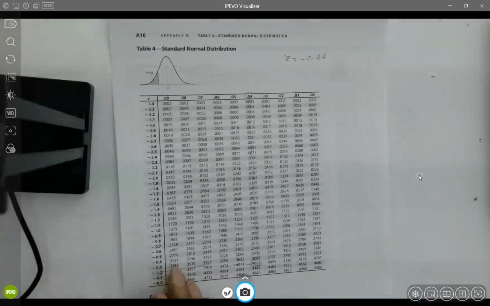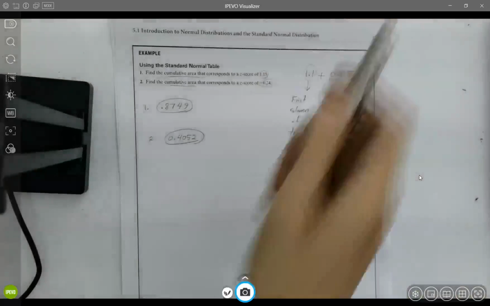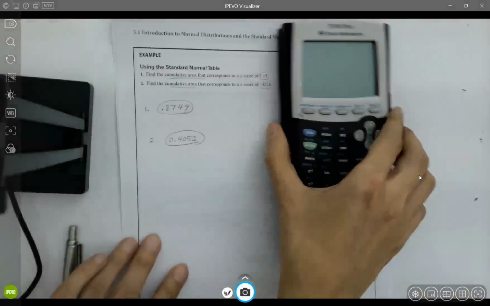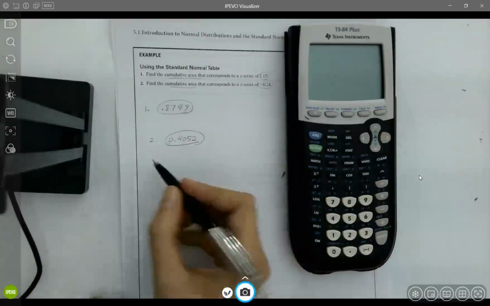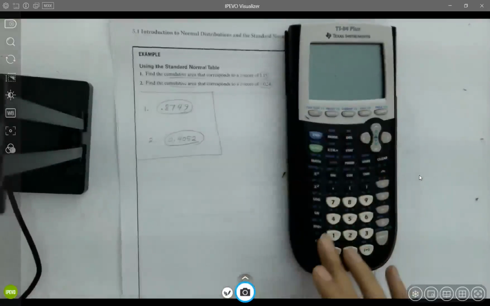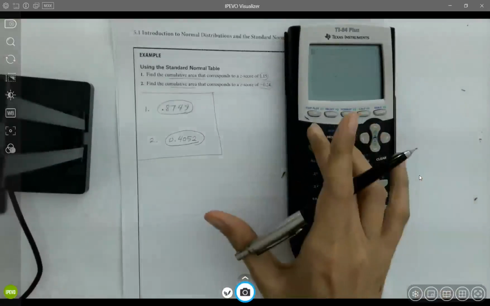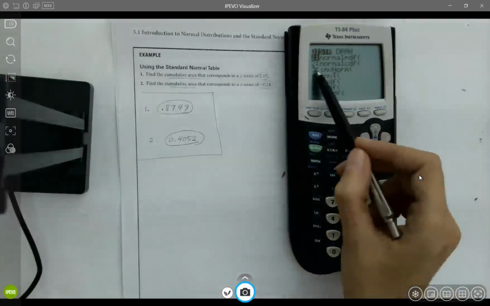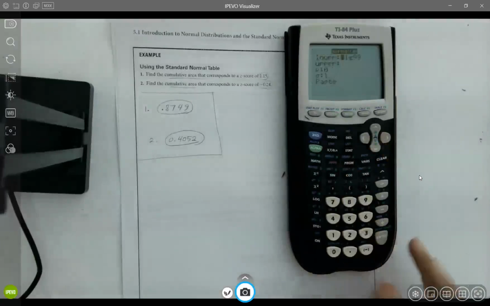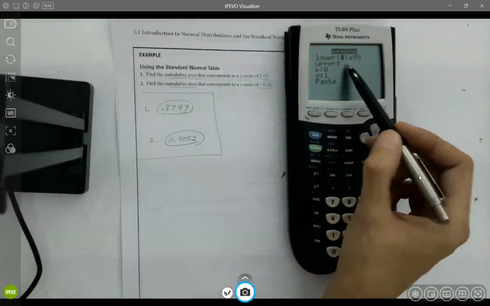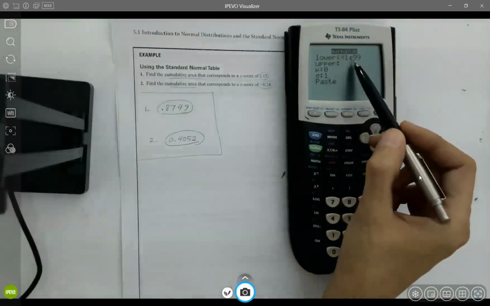Now let us use our calculator to actually see the result. To use your calculator to find the cumulative area to the left, turn on the calculator. Second, vars. You need to go to normal CDF. Since it's to the left-hand side, your lower limit is going to be -1E99.